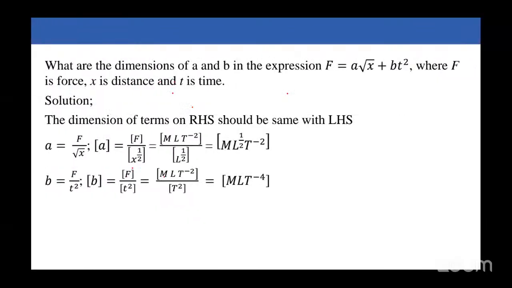Now, let's look at another example here. What are the dimensions of A and B in the expression F equals A square root X plus B T squared, where F is force, X is distance, and T is time?